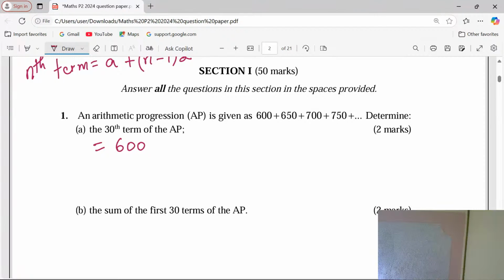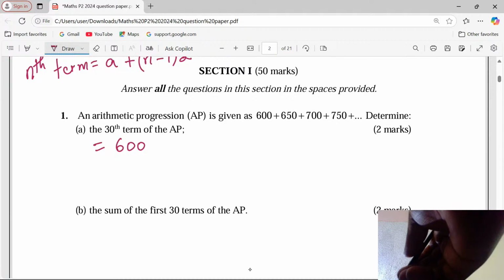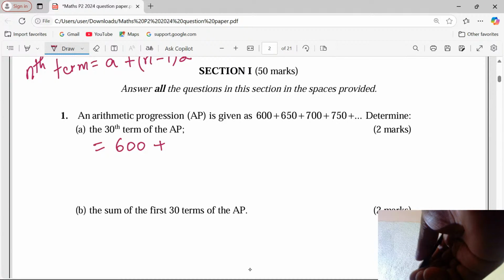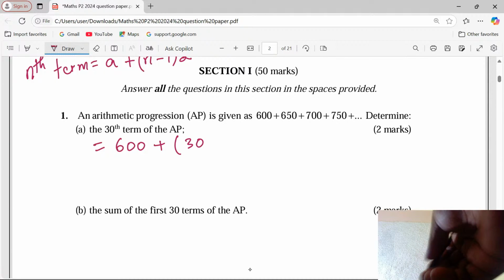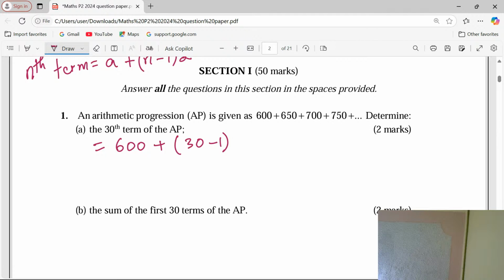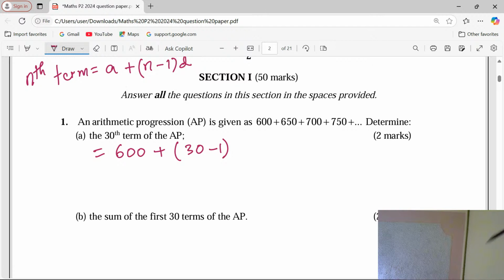Then now, with 600, we will be adding n, which is 30, minus 1, multiplied by d. D, in this particular case, is what we usually call the common difference. From the first term to the second one, we can see 50 has been added.